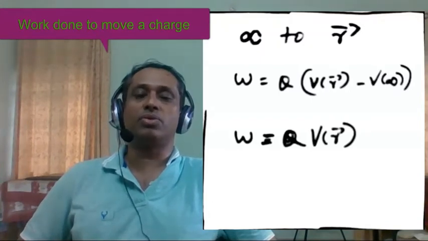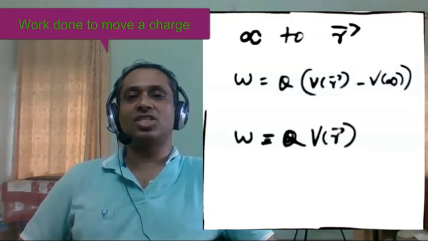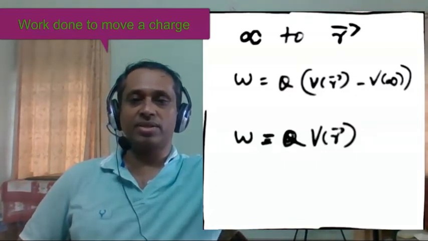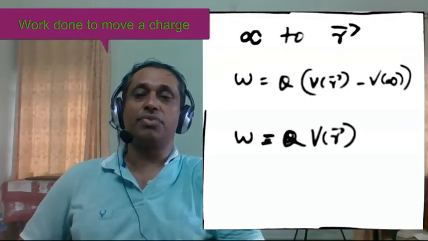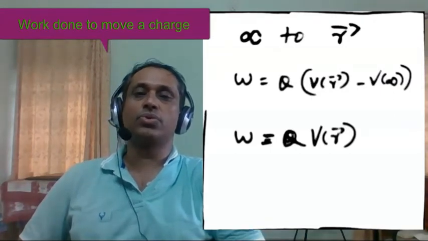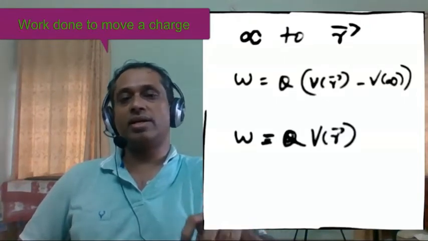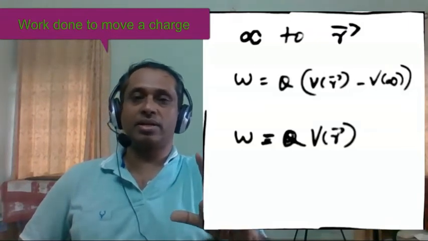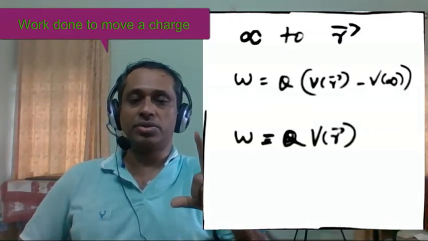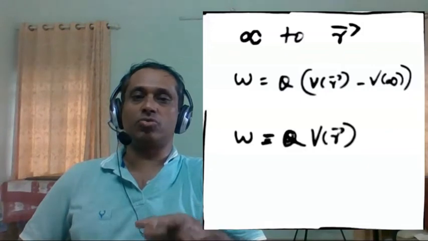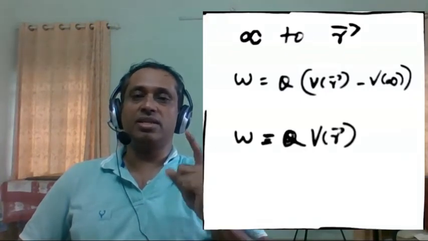So W, the work done in taking a charge from infinity, from a faraway place, to a place of potential V of R, is equal to Q V of R. So we get a relation: the work done, I repeat, in taking a charge Q from infinity to a point of position vector R, where the potential is V of R, is Q V of R. So W is equal to Q V of R.